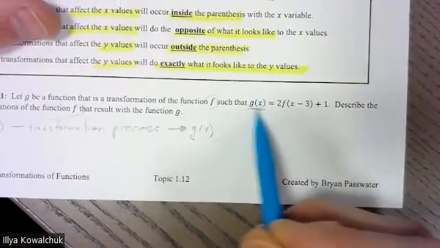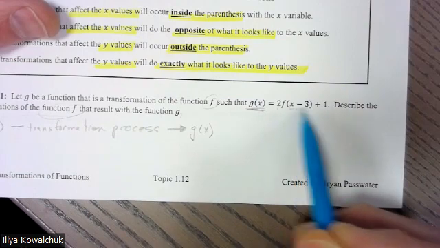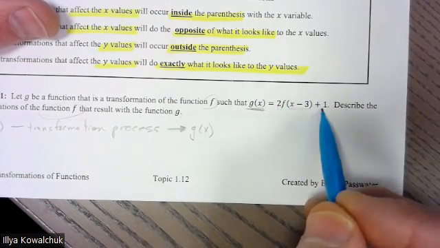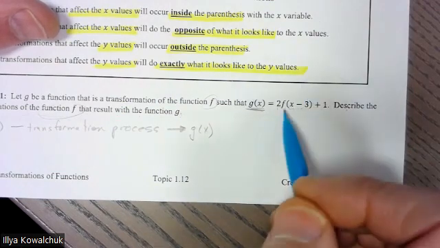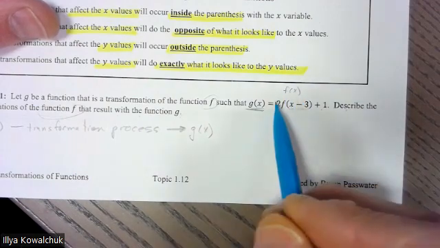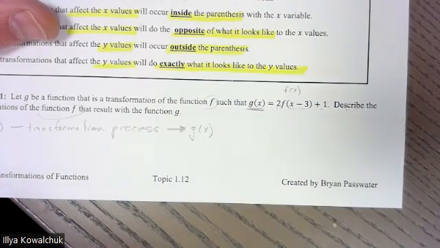So here what we see is that g of x, we got this 2, and then we have the f here, and then this x minus 3 and the plus 1. So we can see that the 2, the minus 3, and the plus 1 are the things that have changed f of regular x, right? So we want to imagine that f of x is the normal function. Well, how has it been changed? With this 2, the -3, and the positive 1.